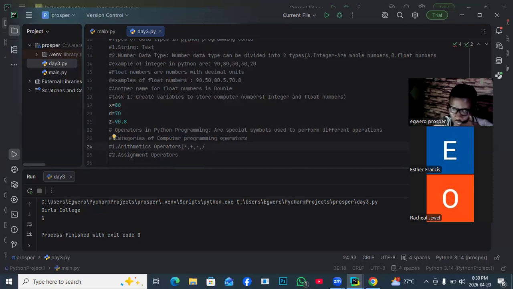Under division, we have floor division and ordinary division. When it is a double forward slash, this is referred to as floor division.